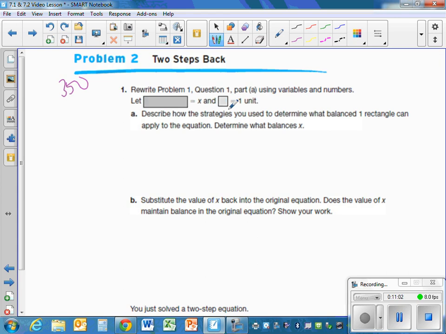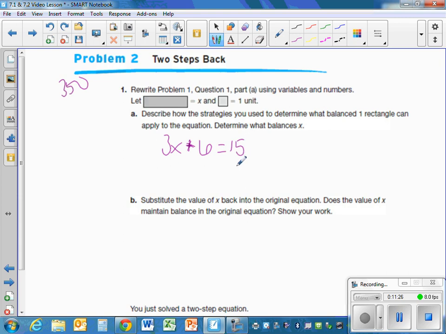So in part A, we had 3 big rectangles, which would be 3x, and then we also had 6 little squares. So I have 3x plus 6, and sorry, that kind of looks like a multiplication sign. 3x plus 6 was set equal to 15 little squares.